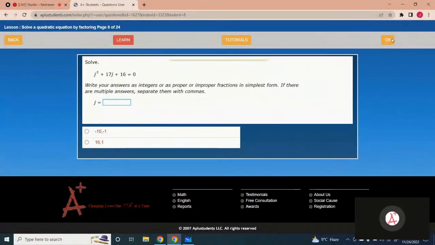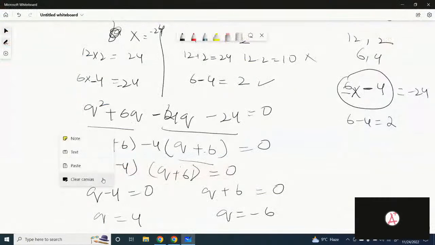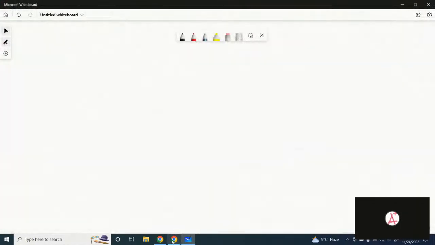Okay, let's do the next one. j square plus 17j plus 16 equals 0.